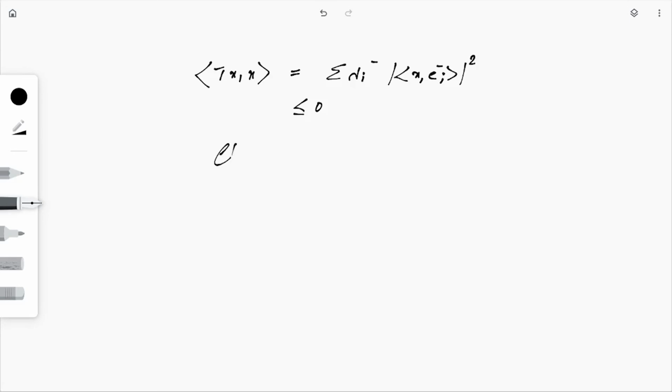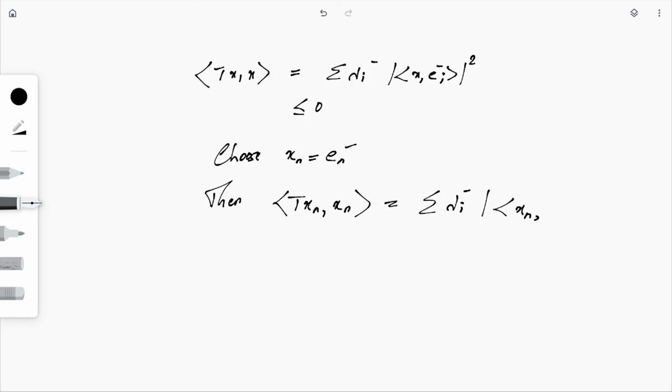Now what I'm going to do is choose xn to be en minus. Let us suppose xn is en minus, then what will be the inner product of Txn, xn? This will be nothing but the summation of lambda i minus, instead of x it will be xn, into the inner product of xn and ei minus, whole square.